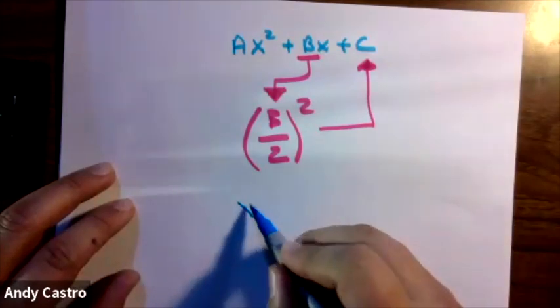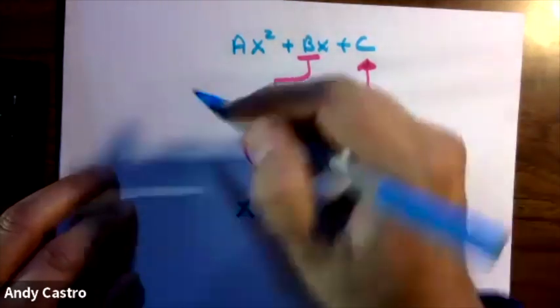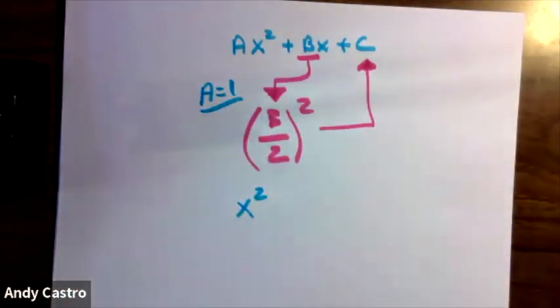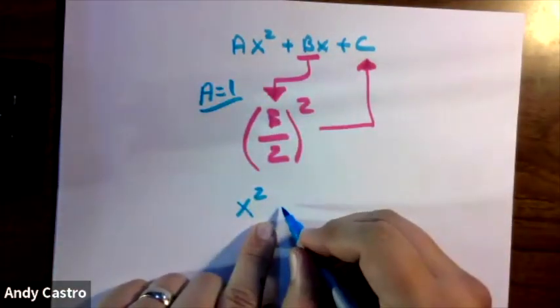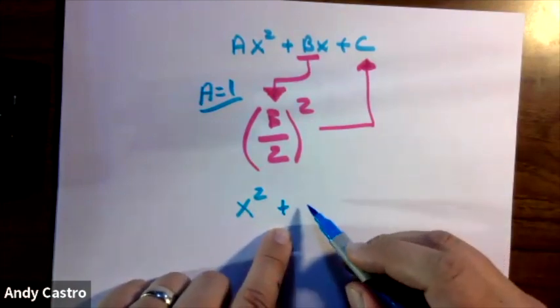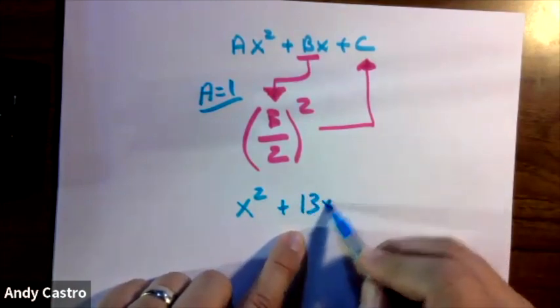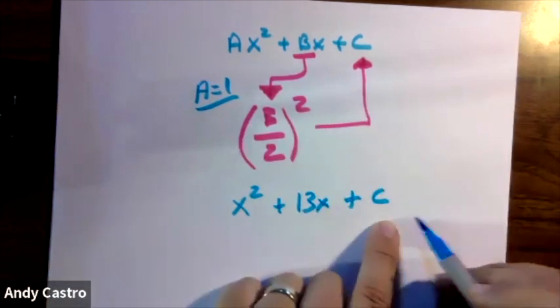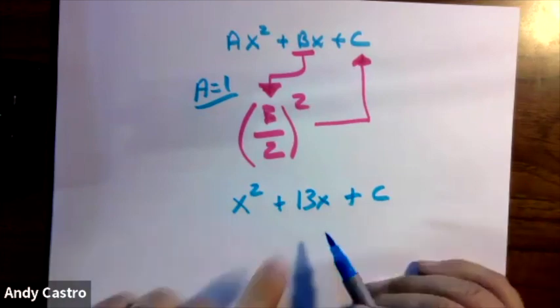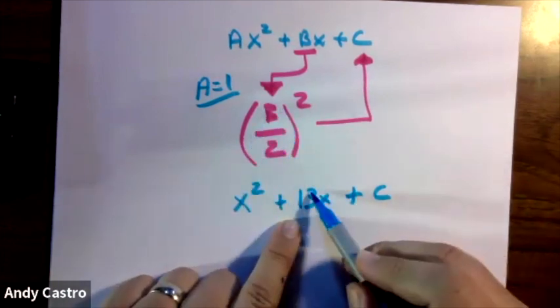So if I have x squared, and as long as a, I should have mentioned that, as long as a is equal to 1. Okay, so if I have x squared plus, let's say 13x plus c, what does c need to be in order to have a perfect square? Well, this isn't a good one because 13 isn't going to divide evenly by 2.